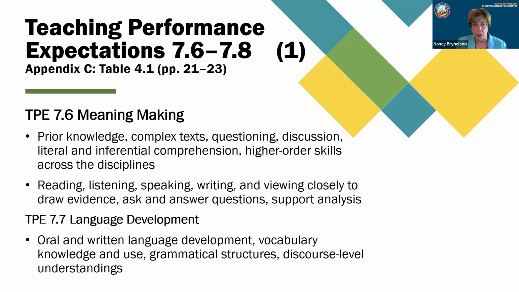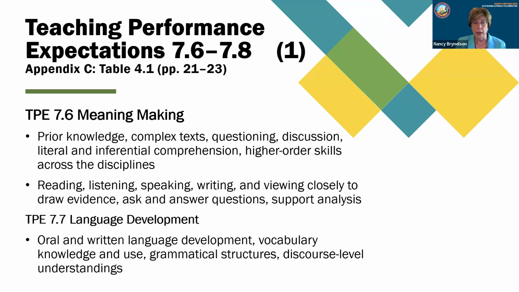Moving on then to the next part of Table 4.1, we're looking at language development. This is oral and written language development, having to do primarily with vocabulary knowledge and use, grammatical structures, and discourse level understanding.